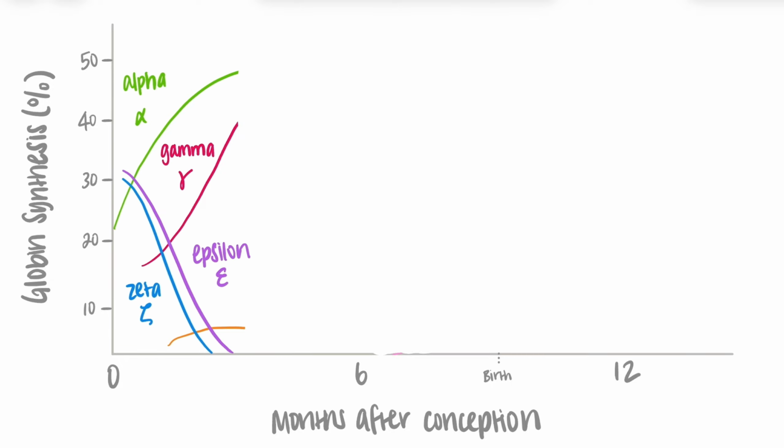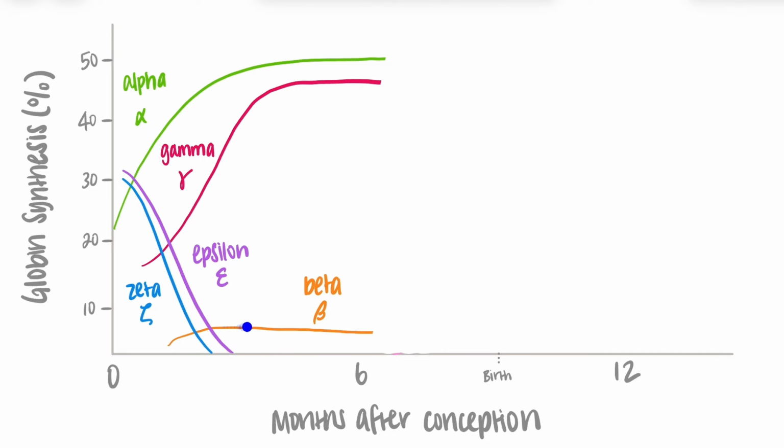We all start out with the production of alpha globin, and 3 other types of globin: gamma, epsilon, and zeta. As time goes on during the initial 3 to 6 months, the production of epsilon globin and zeta globin steadily decrease as their corresponding genes are repressed or turned off.